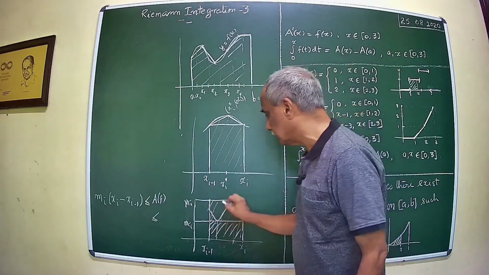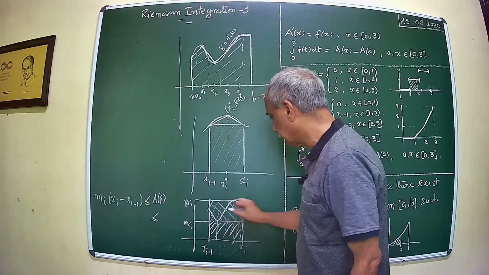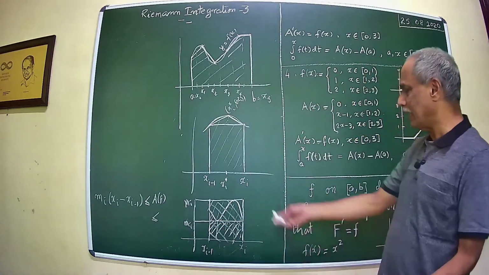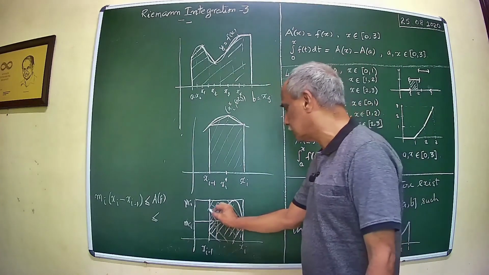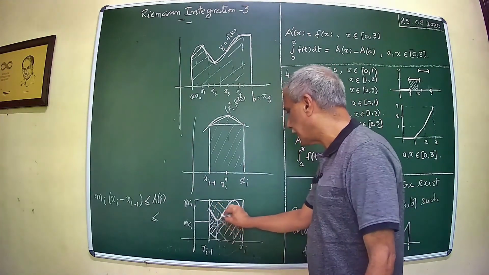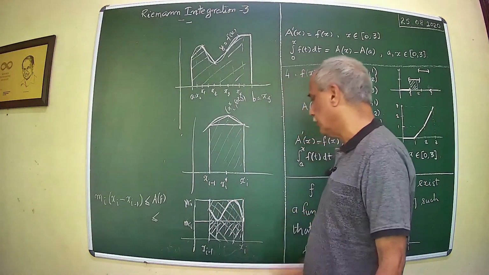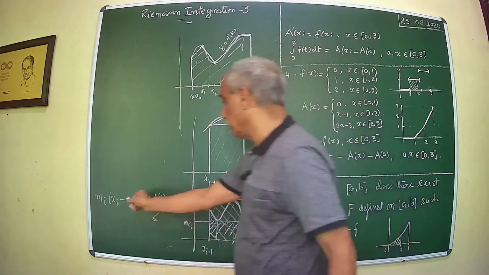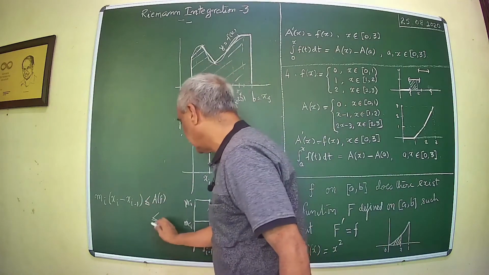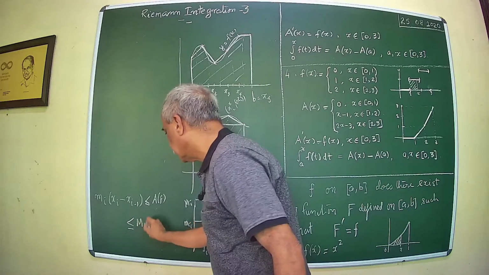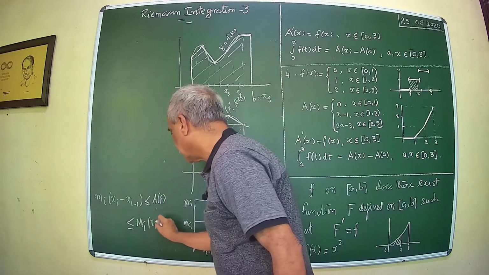So this is the rectangle that we are trying to get. Now as is clear from the figure, the area that we are after is squeezed between two numbers, namely mi into (xi minus x(i-1)) and capital Mi into (xi minus x(i-1)).